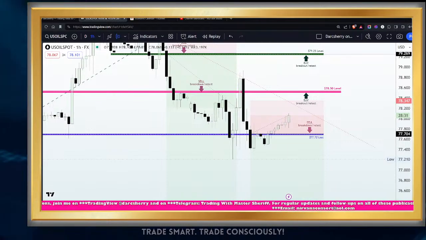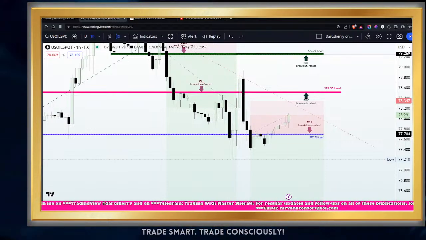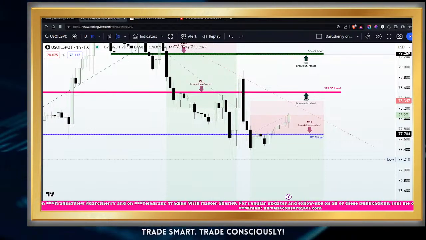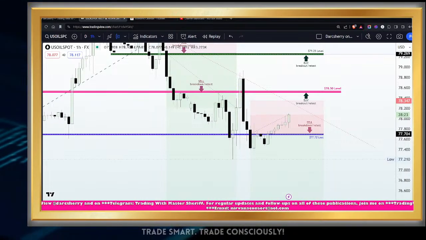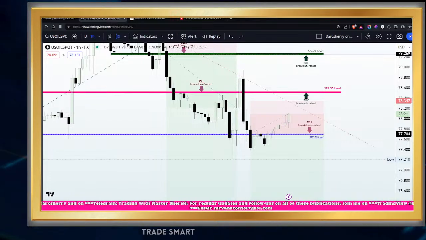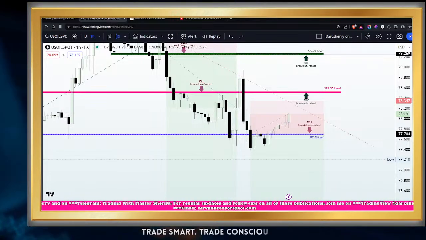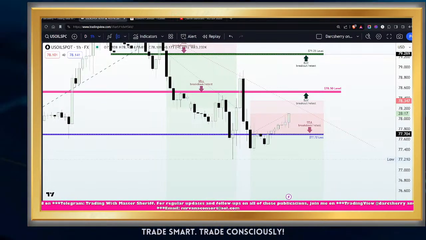And if this is going to be the case, if the US dollar continues to drop, we may likely see some positive traction in favor of US oil that could drive the price of oil higher. So we are going to be taking that into consideration when we look at the technical structure as well.